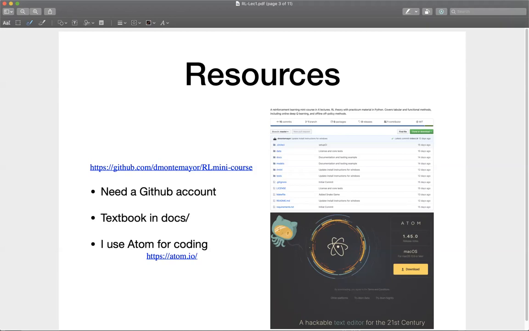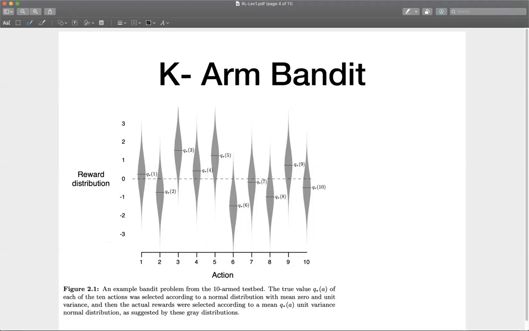Let's jump in then. The model we're going to use right now to introduce a lot of the concepts early is what we call the K-arm bandit. Have you ever heard of the one-arm bandit? It's a gambling term that refers to a slot machine. The one-arm bandit steals your money.